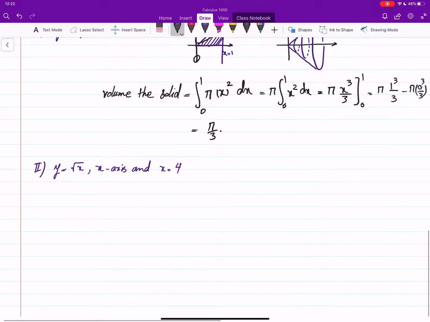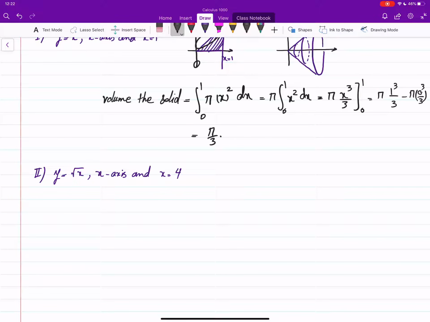How about this other one? Again, first sketch the graph and then the region that we are going to rotate. In this case, this is root x. It will be something like that, and x equal to 4 and the x-axis. So the region is this one here. Then we start rotating it about the x-axis.